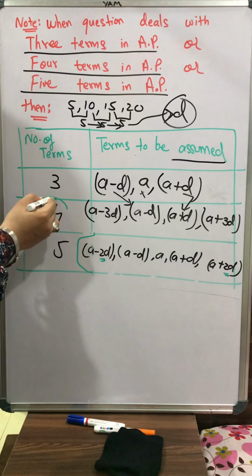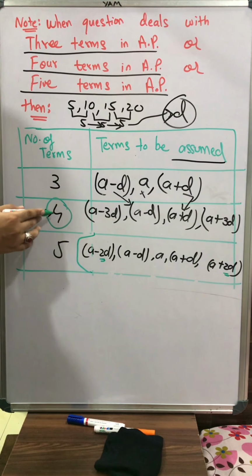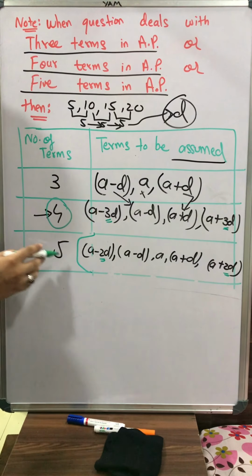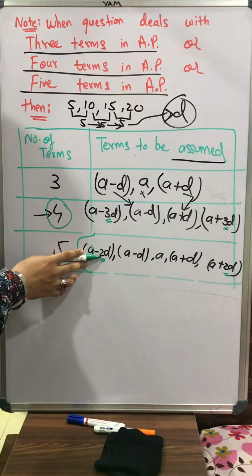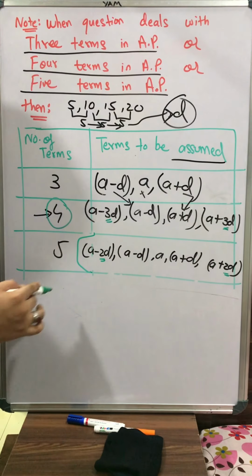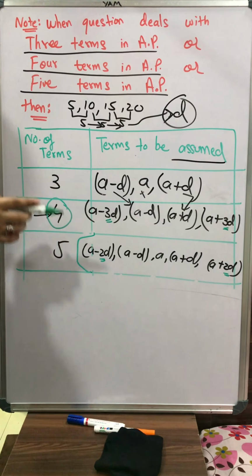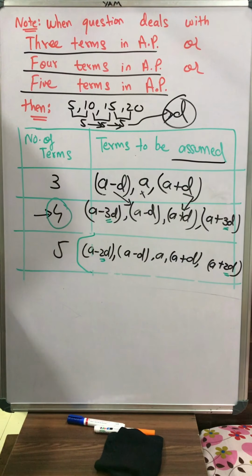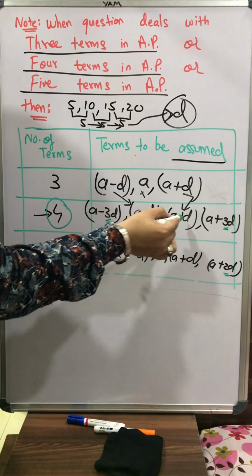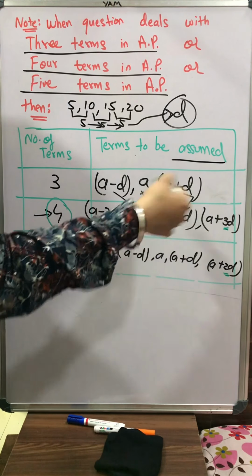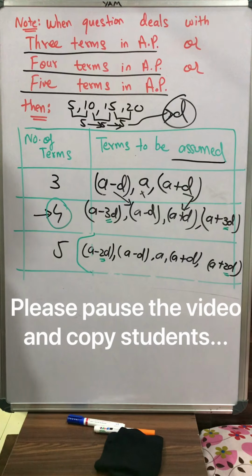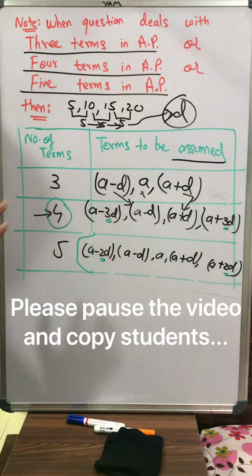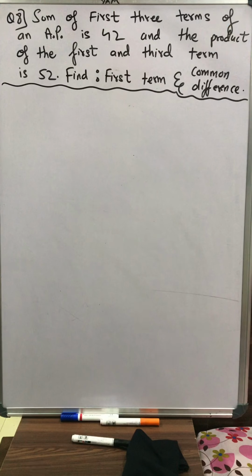But when we have 4 terms, the 4 itself is an even number, but we are taking the help of odd numbers, 3 and 3. Here it was 1d, here it was 1d, so after 1, the next odd number is 3. At the end of the note, I'll definitely say you have to rote learn this.